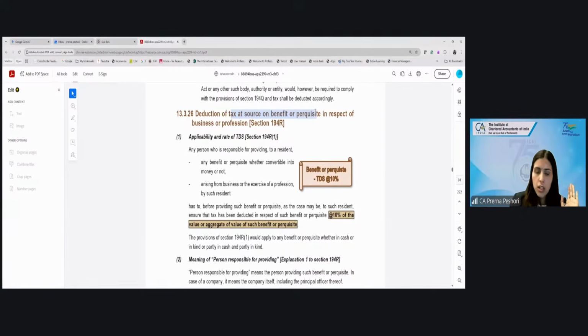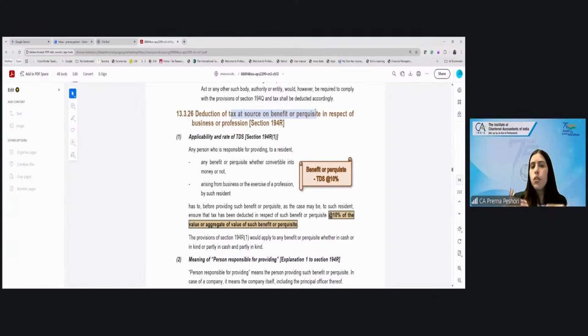For 194R, it should be a benefit or perquisite. It can be in cash, it can be in kind. Even if it is in the form of a capital asset, there also you have to deduct. Even if you give a capital asset to the other party, some benefit is given.